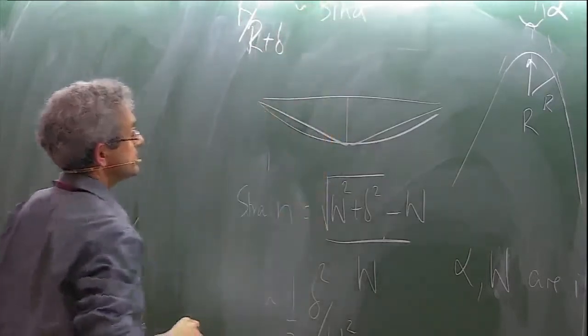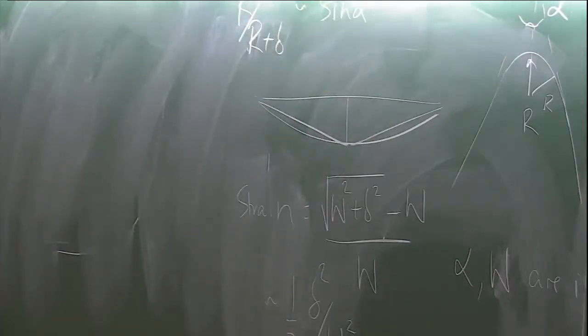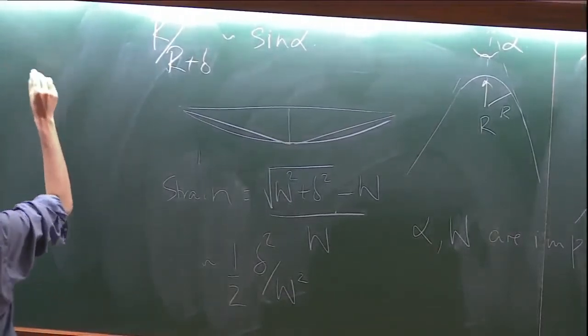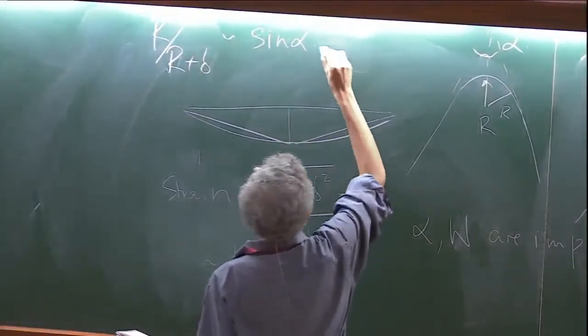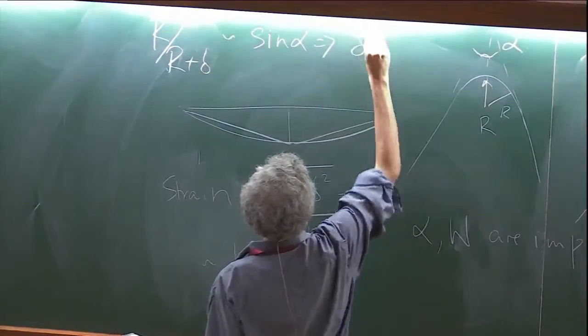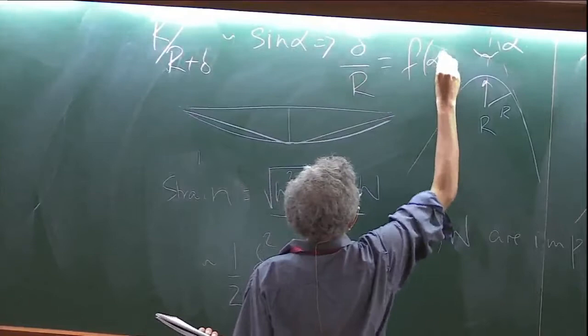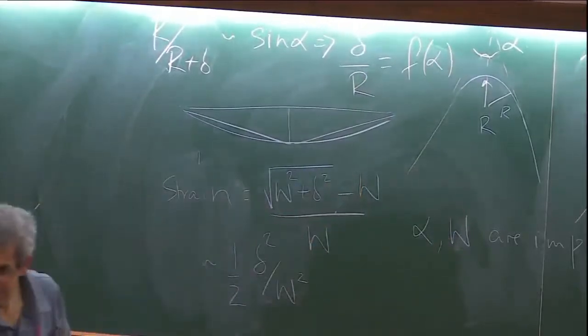Okay, I'm just looking at that triangle up there. Or delta over R is some function of alpha, some tame function of alpha, sine alpha minus 1 or something like that. Okay.